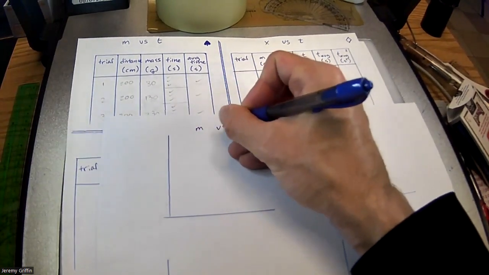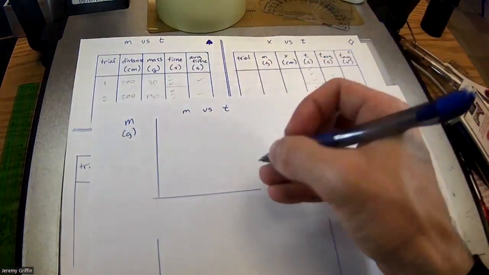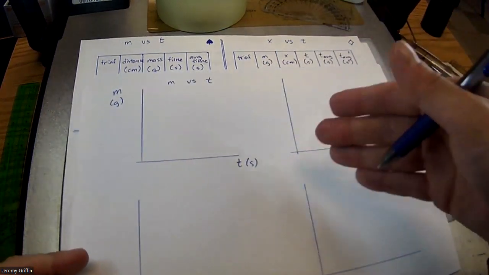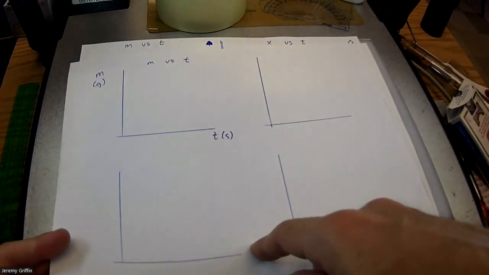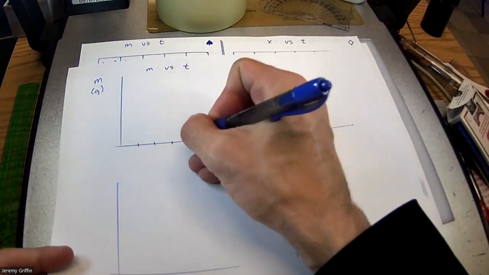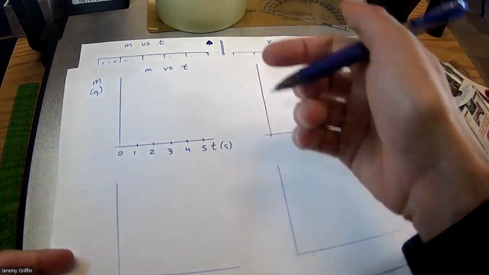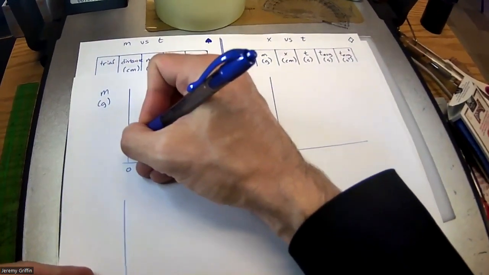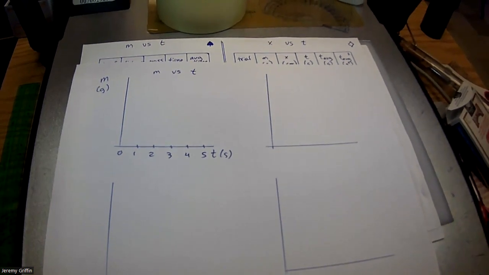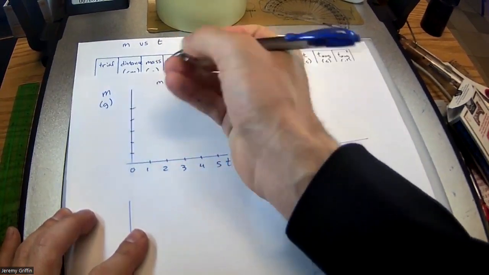So M versus T. You're going to have the mass of the car in grams, or maybe you did kilograms, versus time to roll down in seconds, controlling for the angle and also controlling for the displacement of the car rolled. Then you can plot your point. Maybe the time is 1, 2, 3, 4, 5 seconds, and the car masses are, just as an example, 100, 200, 300, 400, 500 grams.